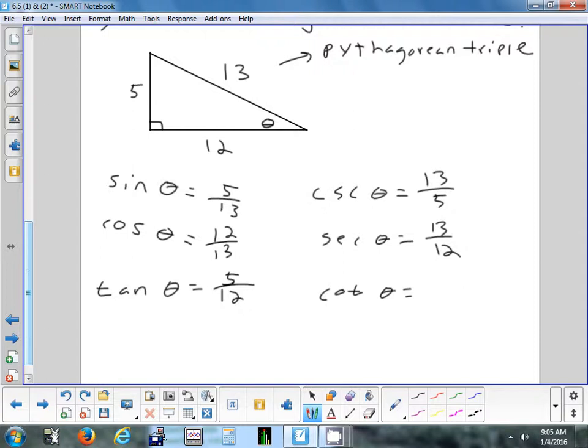A hint is if we already have the tangent, just flip it. And that's it. Those are my 6 trig functions.